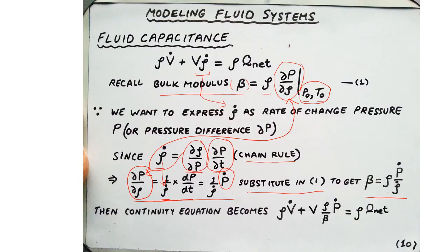Then our continuity equation becomes rho times V dot plus V times this term over here, that is rho times p dot divided by beta, equals rho times q net. In fact, what we have done here is replace rho dot with this term by utilizing the expression of the bulk modulus.